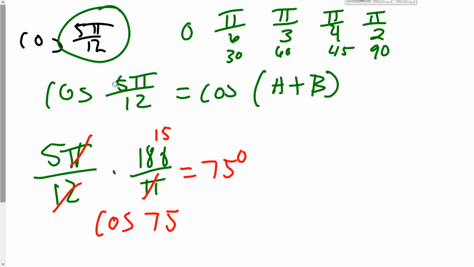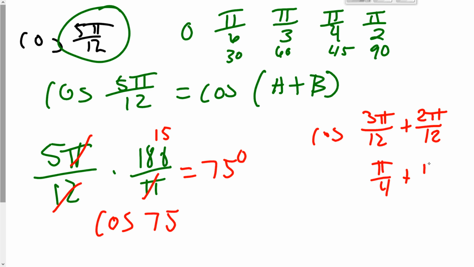Then try to figure out, okay, to get to 5, I might need a 3 and a 2. So cosine of 3 pi over 12 plus 2 pi over 12, because that would equal 5 pi over 12, and then reduce these to pi fourths plus pi sixth.